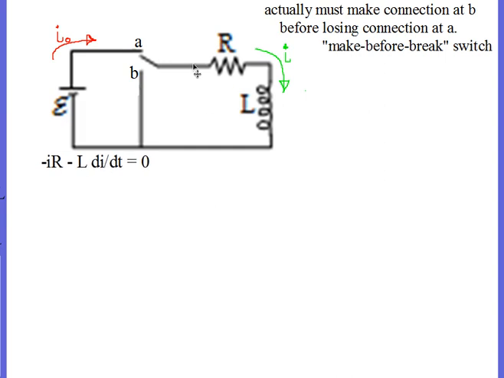But let's Kirchhoff around here. And at time 0, you have this current that has been established flowing. So if I Kirchhoff through here, that's going to be a voltage drop. Boom. And then if I go through here, yeah, that's not pushing the current forwards.